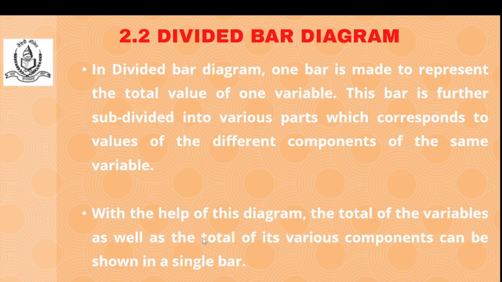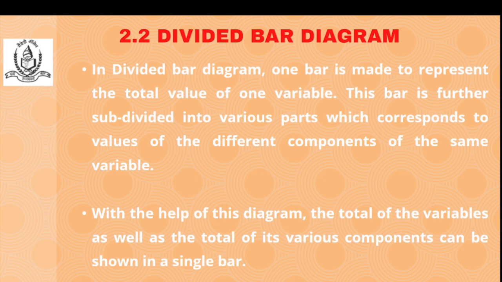Now, starting with the second type of the bar diagram, that is the divided bar diagram. Divided bar diagrams are used in those cases where the frequency of a variable is divided into different components. So in divided bar diagram, one bar is used to represent the total value of one variable. Then this bar is further subdivided into various smaller parts, and each part corresponds to the different components of the same variable.